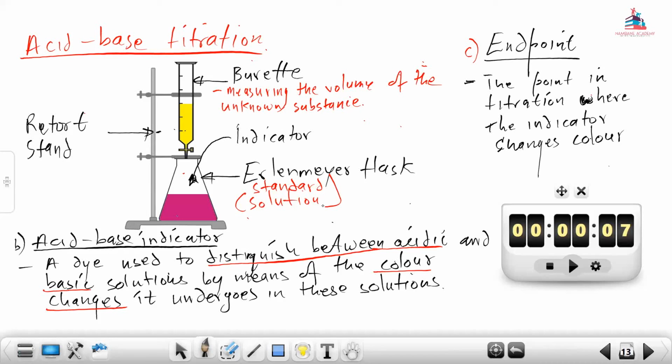So once the color changes, it indicates the end point of titration. What is the end point? It is the point where the solution is no longer acidic. Basic. Yes, or basic, yes.